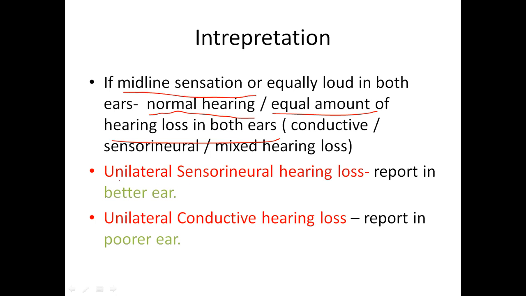In case of unilateral sensorineural hearing loss, for example, he is having a right ear sensorineural hearing loss, whereas left ear is normal hearing, so he will hear in the left ear because left ear is the better ear. So in case of sensorineural hearing loss, the sound will lateralize to the better ear. Whereas in case of conductive hearing loss, if he is having a right ear conductive hearing loss, then the sound will lateralize to the poorer ear, so to the right ear only; in whichever ear he is having conductive hearing loss, that ear it will lateralize.